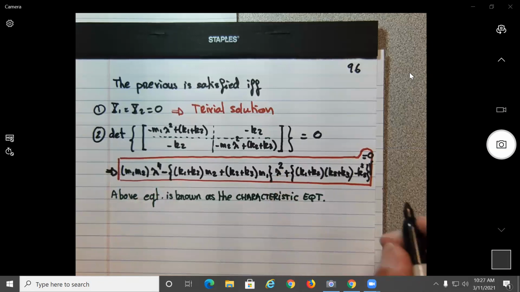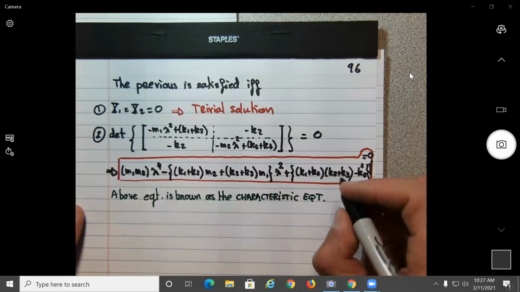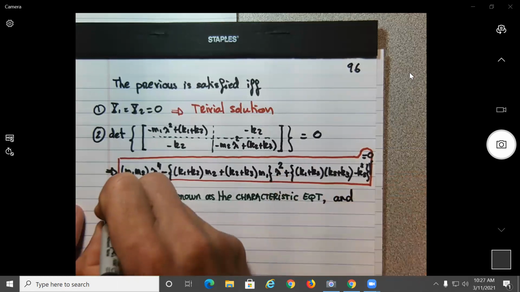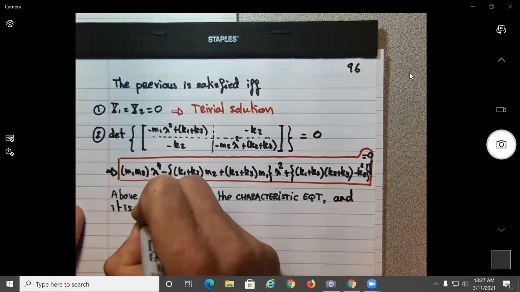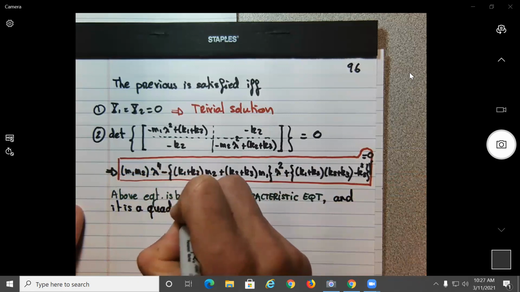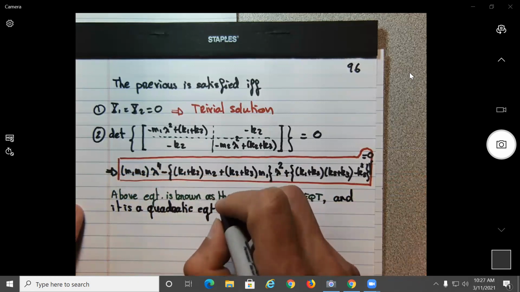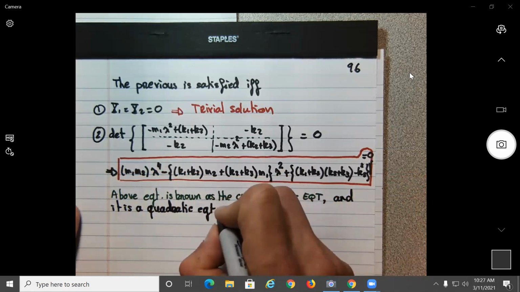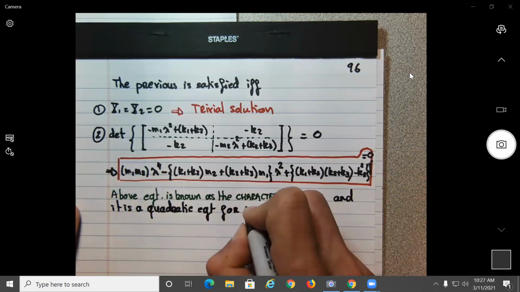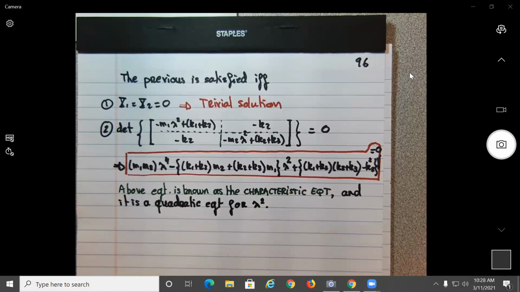So I could say the above equation is known as the characteristic equation, and it is a quadratic equation for lambda squared. I don't know if I'm being very clear.